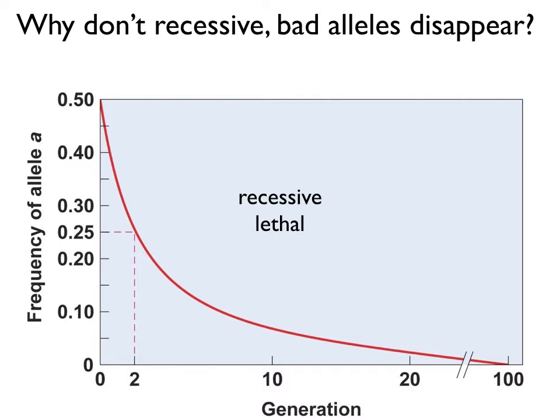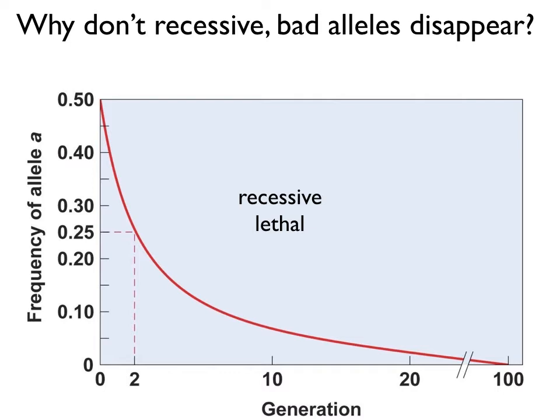It's incredibly low. q squared, when the frequency is 5%, is so low. You square 0.05, that is a very small number. That means 2.5% of the population are going to die because they're homozygous recessive. It's so rare that it does not affect a significant number of individuals in the population, and so it's slow to leave, okay?